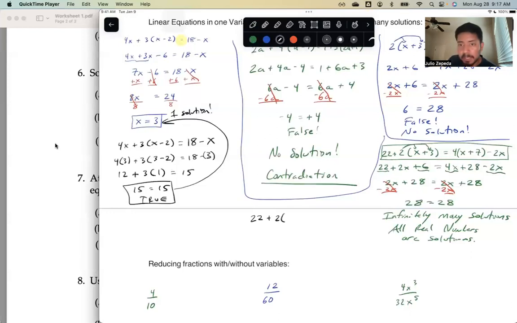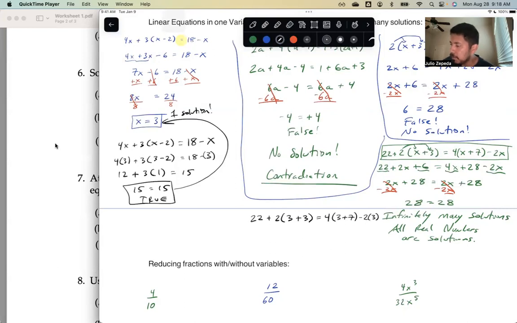Okay, so 2 times, what did I say I was going to plug in? Let's do 3, and let's switch it up a little bit. Rather than 2. The number, as long as it's consistent across for all the x's, it will give me a true statement. 2 times 3 plus 7 minus 2 times 3.